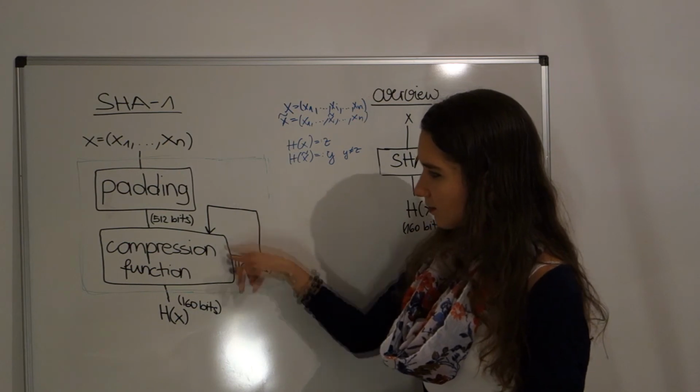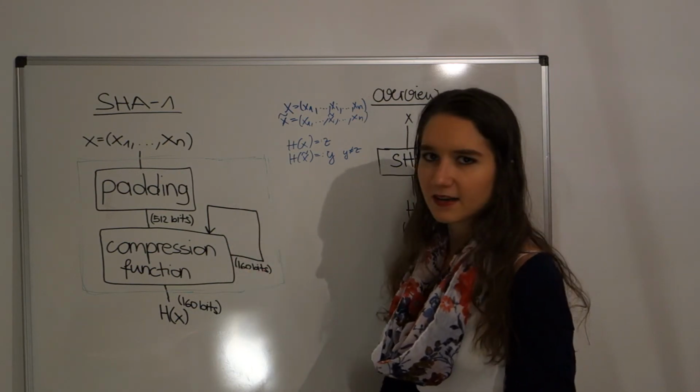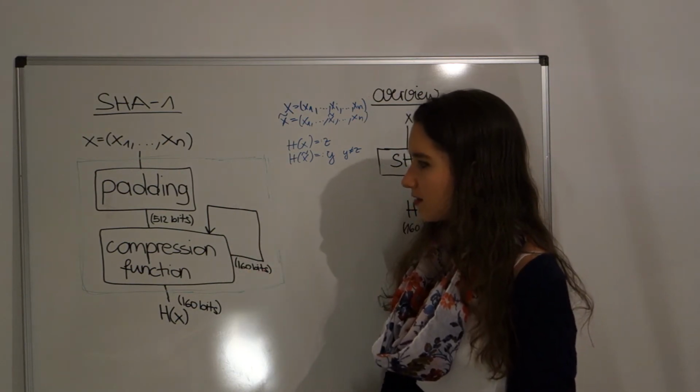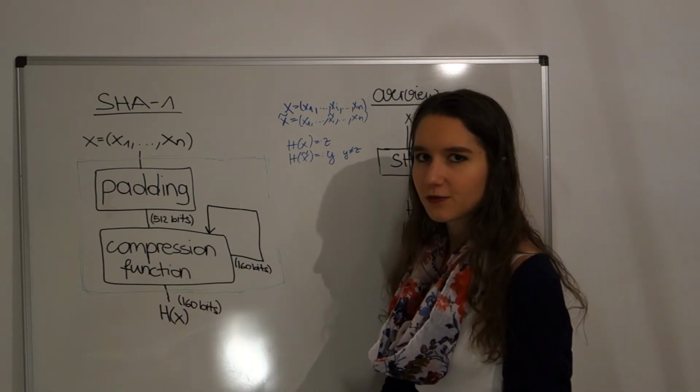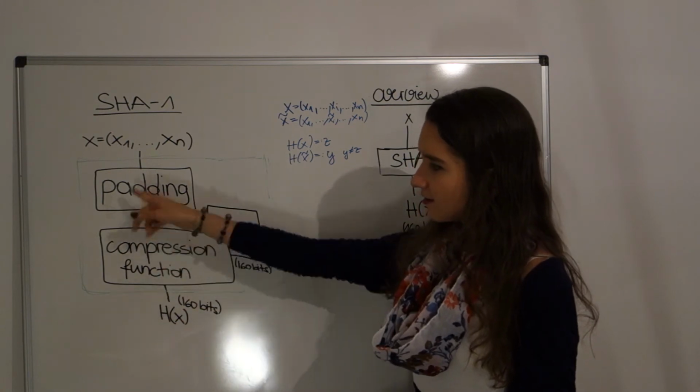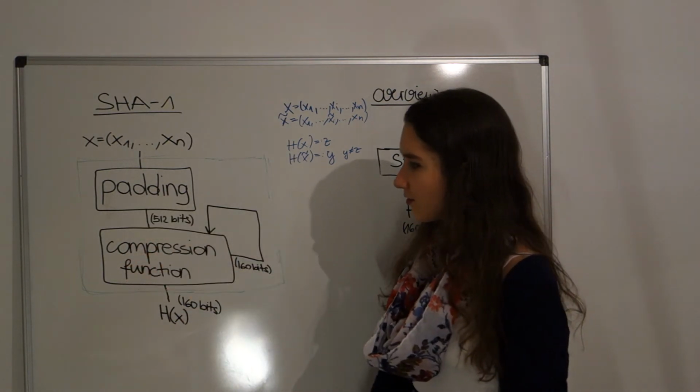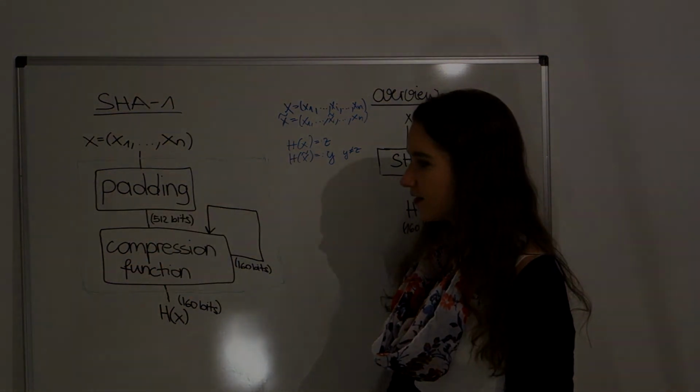And this is put into the compression function again and again until our procedure stops and we get the hash we wished for. But how this compression function really works, we will see in another video.